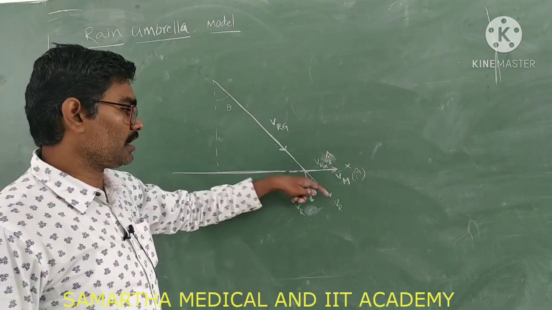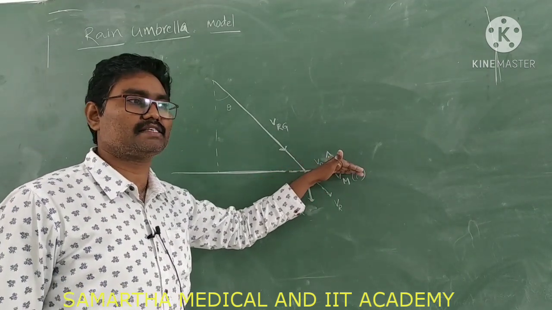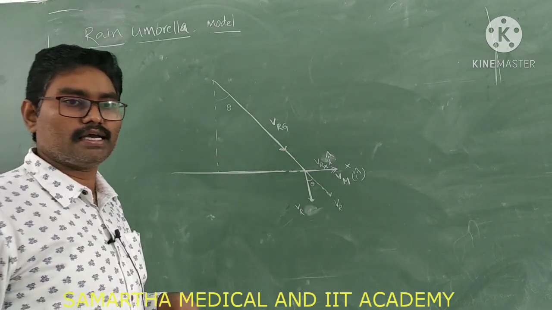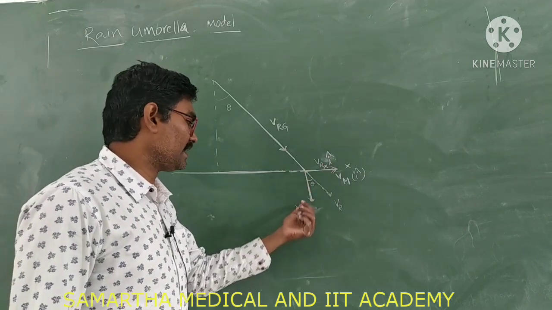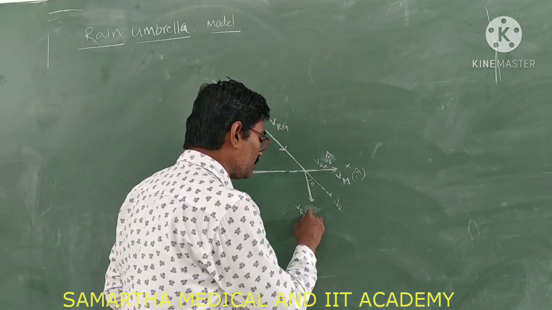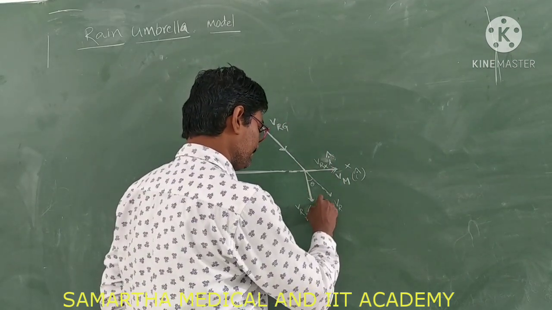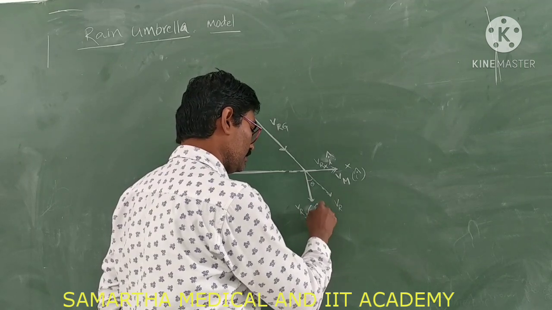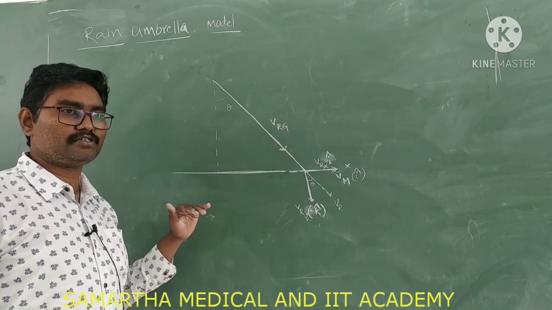Now Vr bar can be resolved into two components: Vrx along the x-axis and the other along the z-axis. So Vrx i cap, and I can write Vrz with minus theta. Correct? Clear or not? Any doubt?